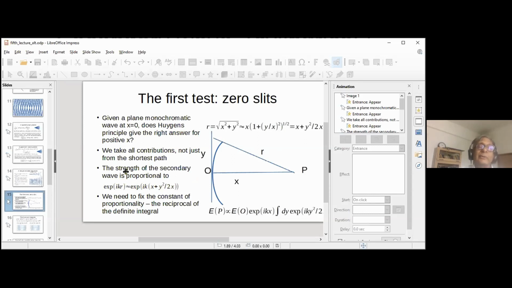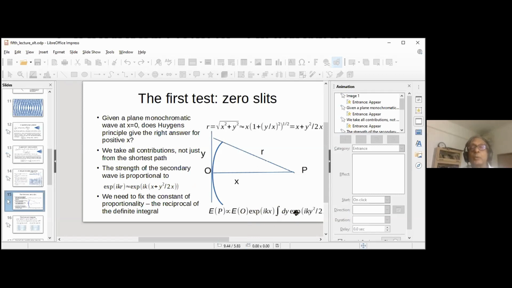If I removed this word strength, it would have simply said the secondary wave is proportional to this. This part gives you the phase. But if you simply put this without any factor in front, you will get this formula, right? And that will not be e raised to ikx unless I put the correct proportionality.